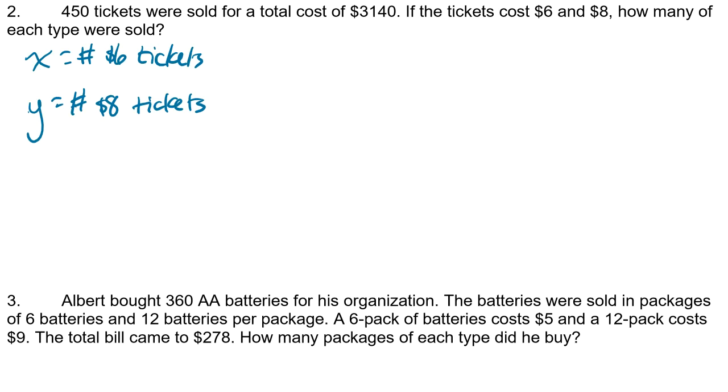Alright, so we have two variables. So as you know about systems now, if we have two variables, it means we're probably going to need two equations.